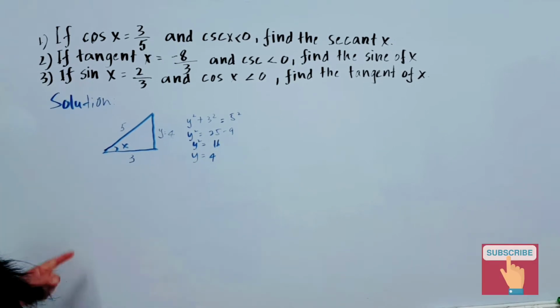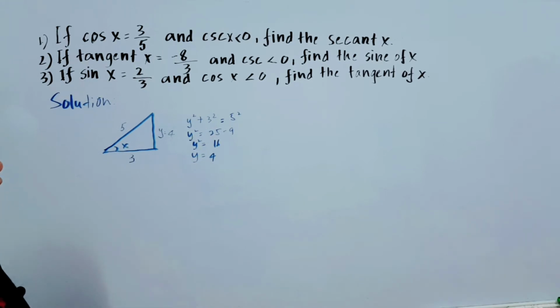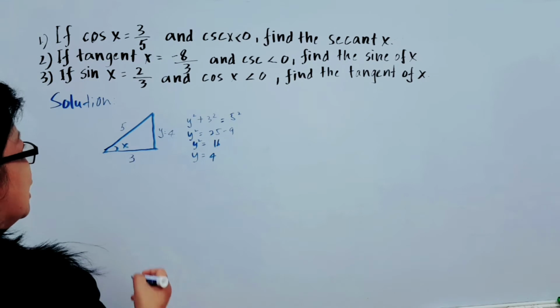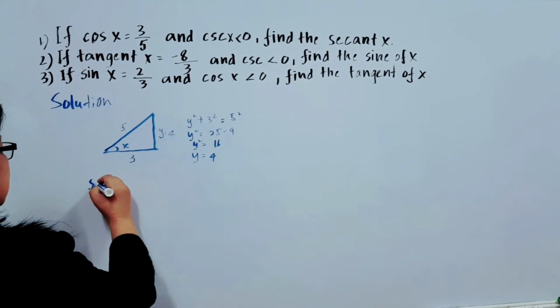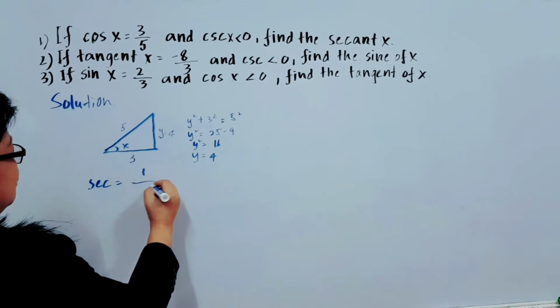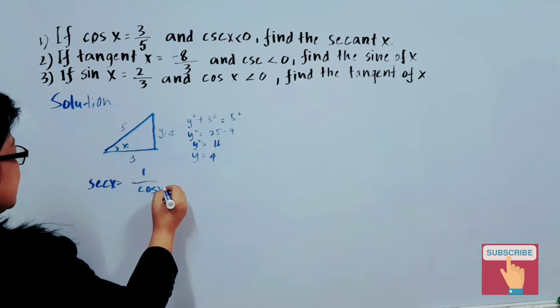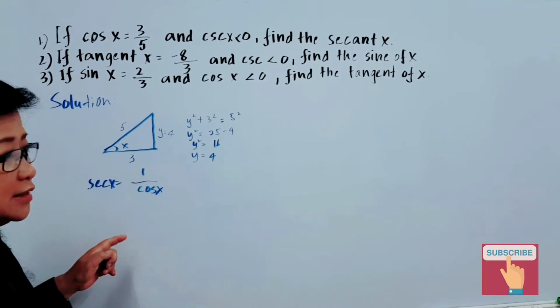Okay. Now, the question is find the secant x. Now, secant, as we mentioned earlier, is equal to 1 over the cosine x. This is the secant.